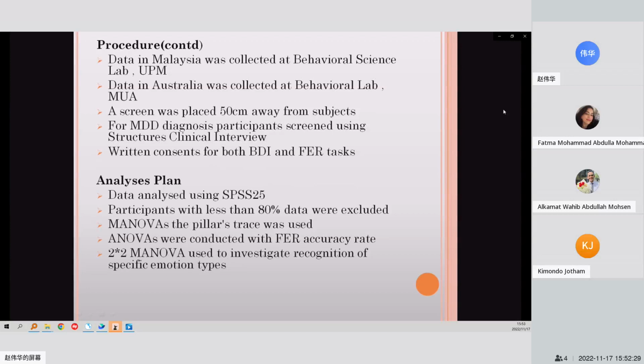SPSS 25 was used. Participants with less than 80% data were excluded. This means participants who could not provide more than 80% of the data were excluded.